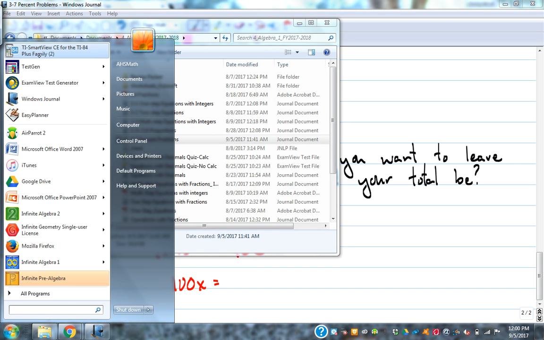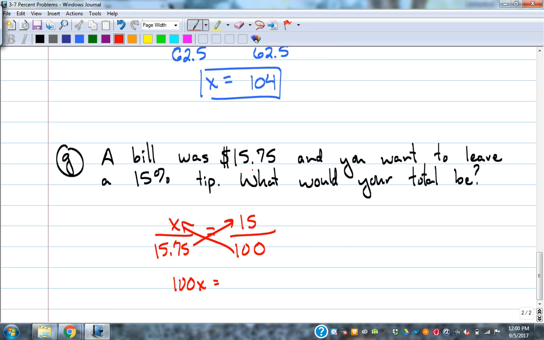Let's get a calculator out. Might have got that number. 236 and a quarter. And then divide by 100. All right, $2.36, a little more than 36 cents.